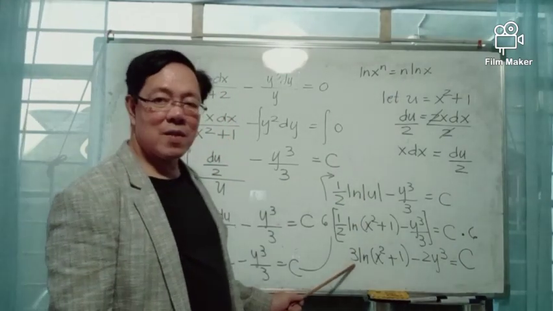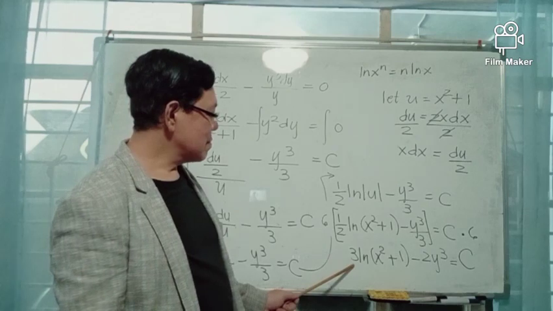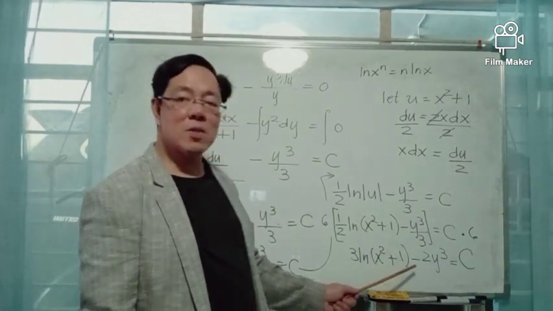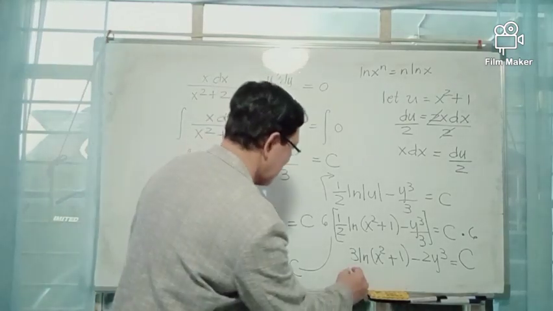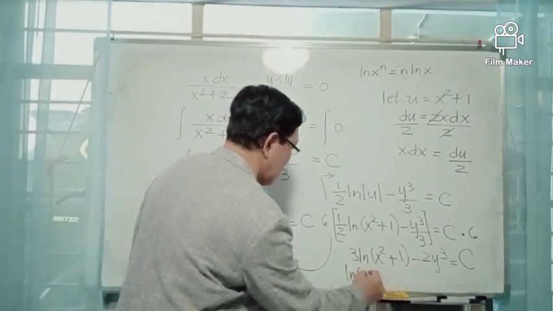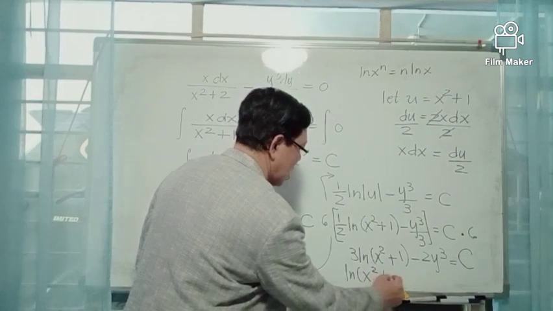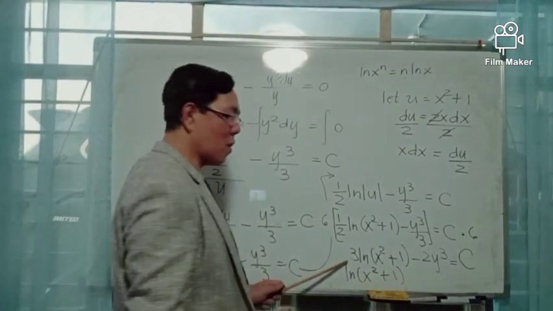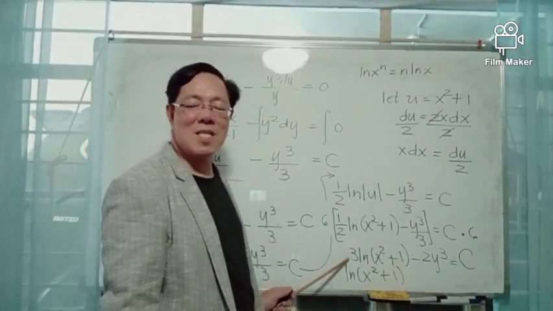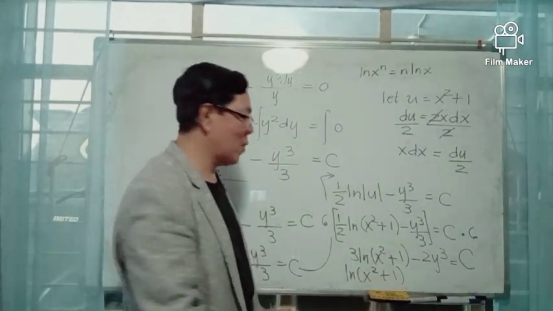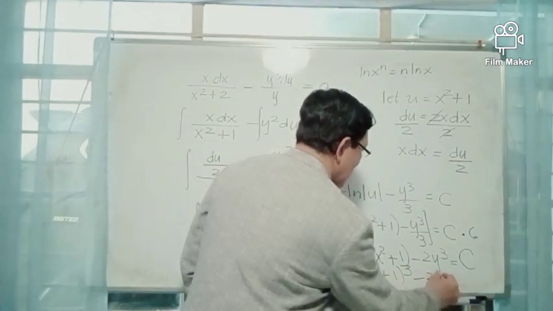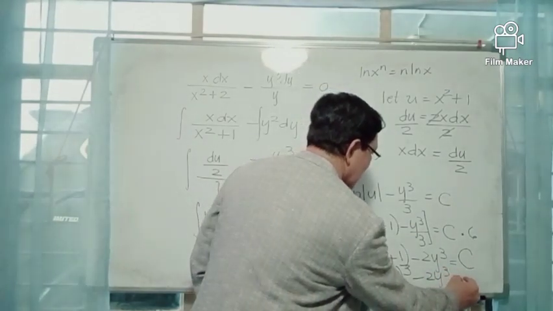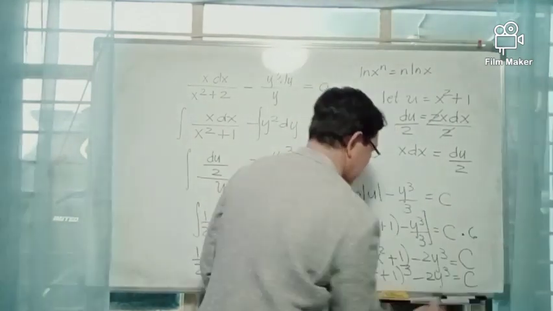So we can rewrite the first term by raising x squared plus 1 to the exponent 3. And we get ln of x squared plus 1. The coefficient 3 here becomes the exponent of x squared plus 1 minus 2y cubed equals c.